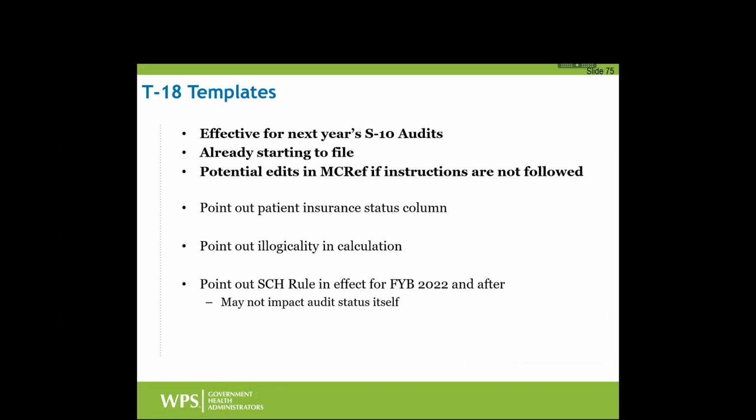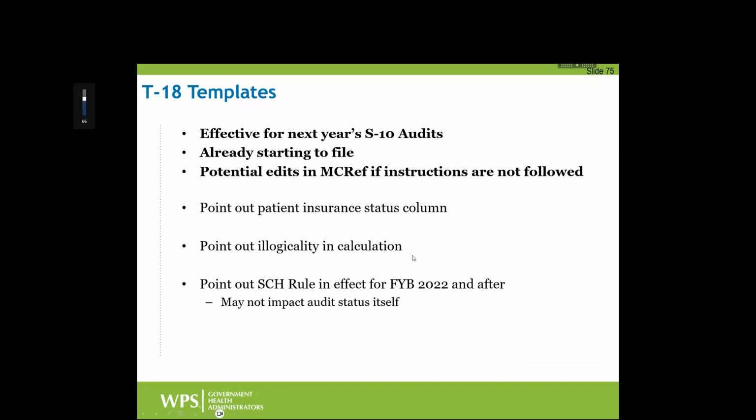So again, a lot of those edits, and it's one of those things that as you go through the process, you'll start to see some of them. When we had discussions with CMS, we tried to limit the number of things that were full-on rejections because there are so many different scenarios that we may not have even discovered yet. So we tried to give the auditor the ability to use judgment instead of a systematic rejection.